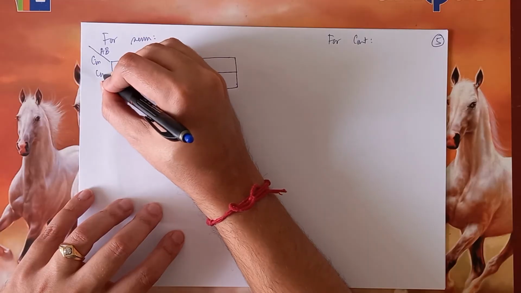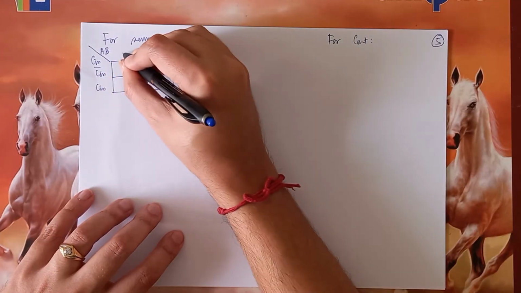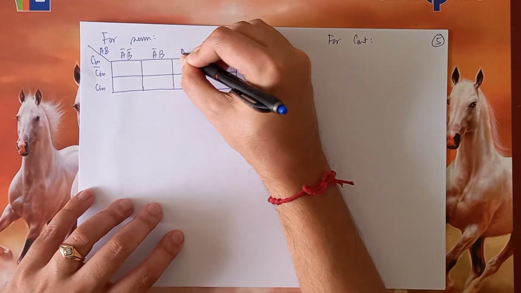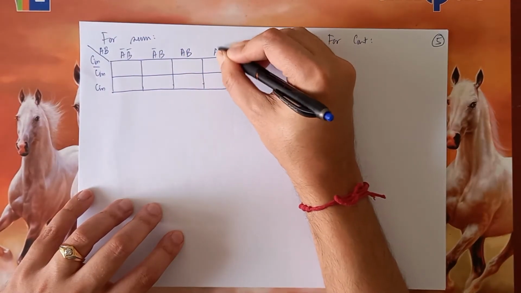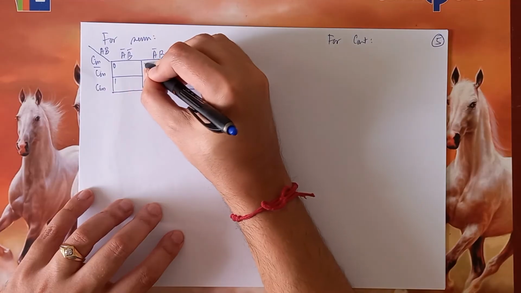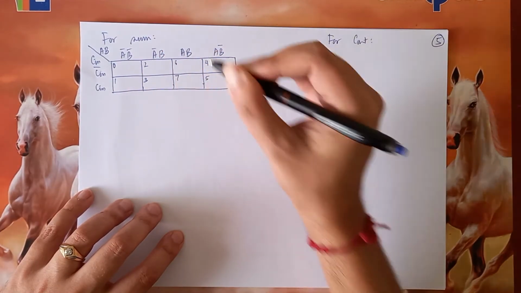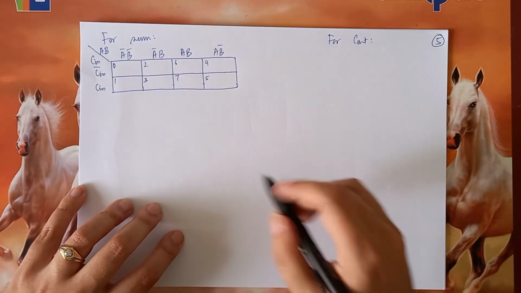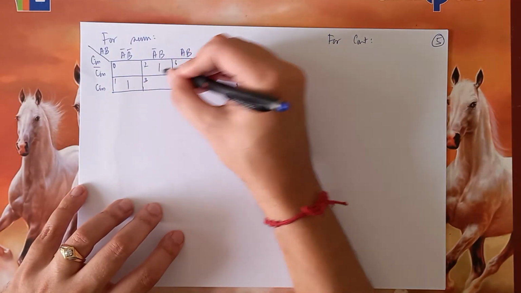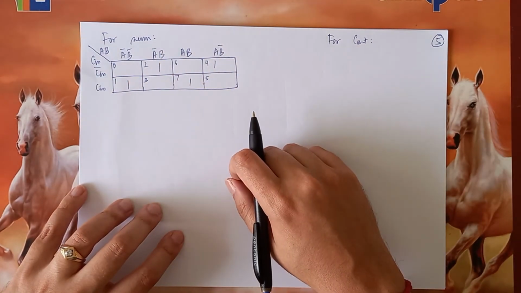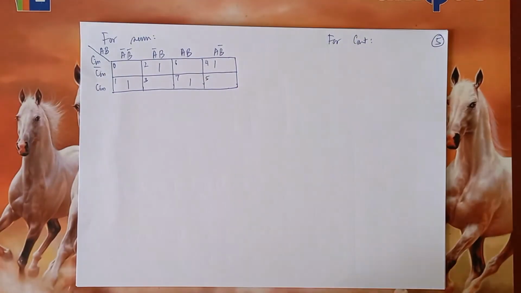So this will be C in bar and C in, A bar B bar, A bar B, A B and A B bar. The numbering will be 0, 1, 2, 3, 4, 5, 6 and 7. So for sum, the min terms were at 1, 2, 4 and 7. So sadly, we see that this is a case where there is no possible grouping.